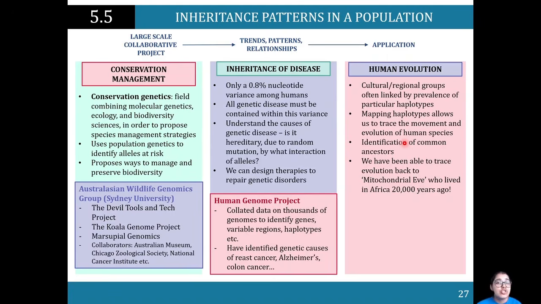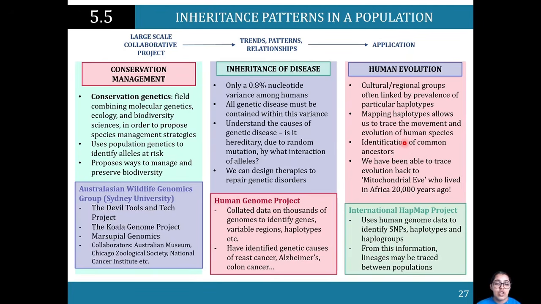We've actually been able to do that to determine the origins of mitochondrial Eve, who we said lived in Africa 20,000 years ago. And that is part of the International HapMap project, which uses human genome data to identify SNPs, haplotypes, and haplogroups, so groups of similar genetic constitutions. And so from this information we can trace back lineage.